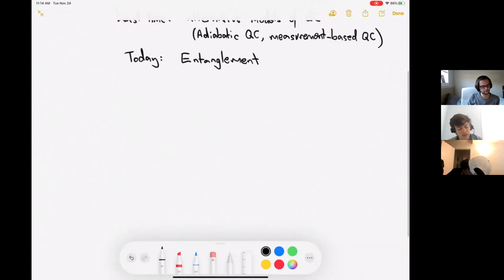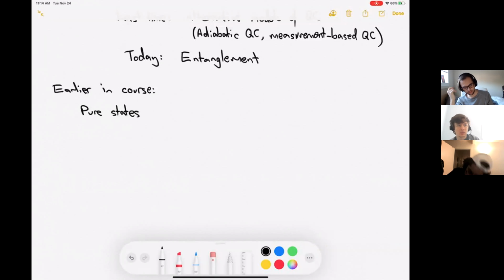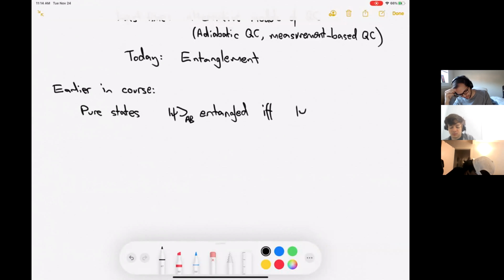Okay, so so far in the course, we've had this working definition of entanglement that works at least for pure states, which is that a state psi on two systems, A and B, is entangled if and only if psi is not equal to some psi_A tensored with psi_B.